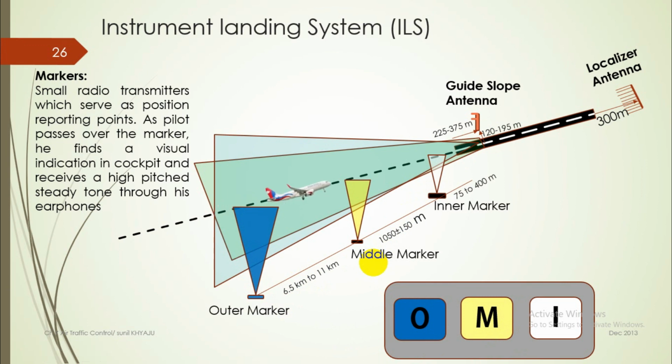Similarly, when the aircraft crosses over the middle marker, there is a visual indication of an amber light blinking, showing that the aircraft crosses over the middle marker at a distance of 1050 meters from the threshold of the runway. Similarly, as it crosses over the inner marker, the pilot sees a white light, showing that it crosses over the inner marker at a distance of 75 to 400 meters from the threshold of the runway.